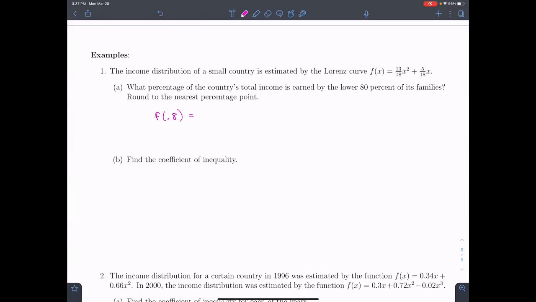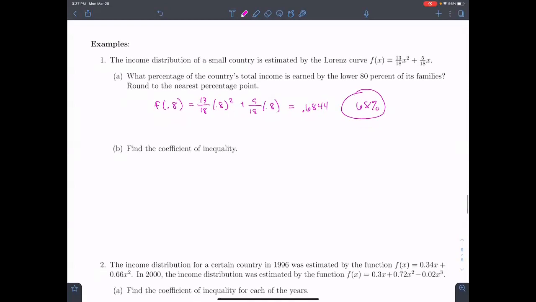So f of 0.8 is 13 over 18 times 0.8 squared plus 5 over 18 times 0.8. This is going to be equal to 0.6844. So about 68% of the income is earned by the lower 80%.